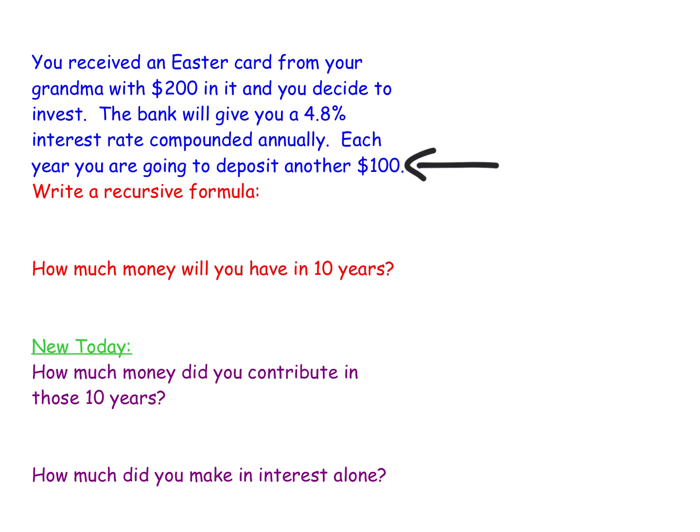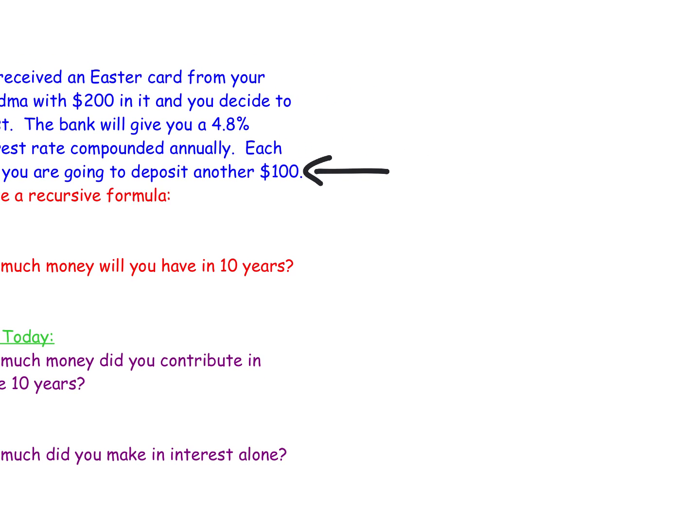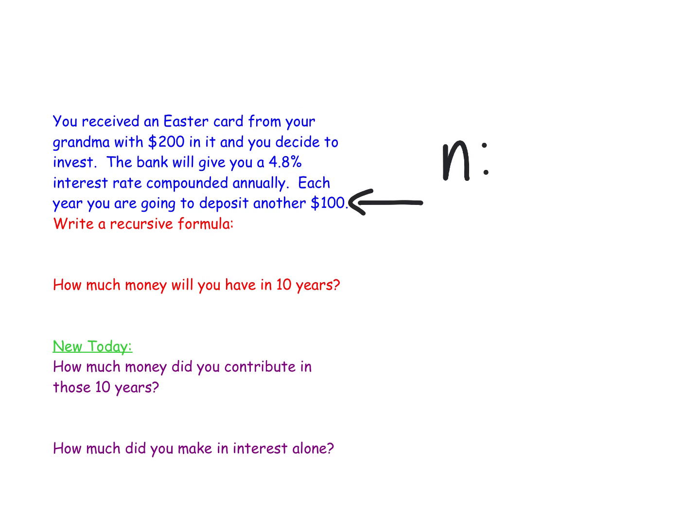So wherever there was a 12 before, for 12 months, now it's just 1 year. See if you can figure it out. Your N is now how many years? It's not months, it's years. So 10 years, so it's just a simple 10. Remember, we're not doing months because it said so.